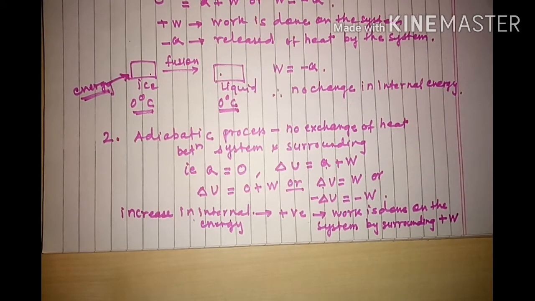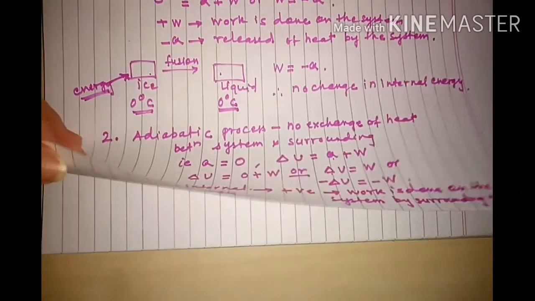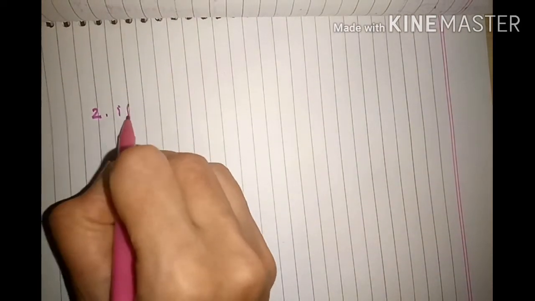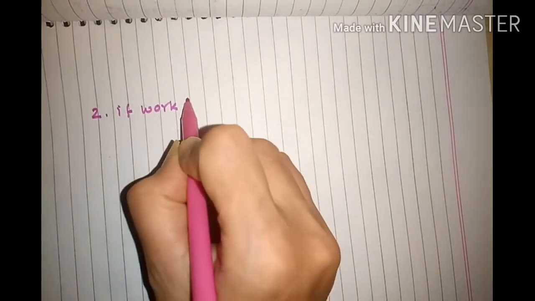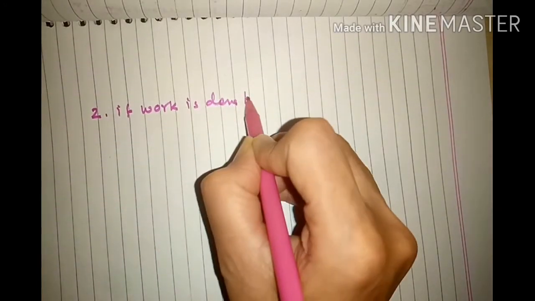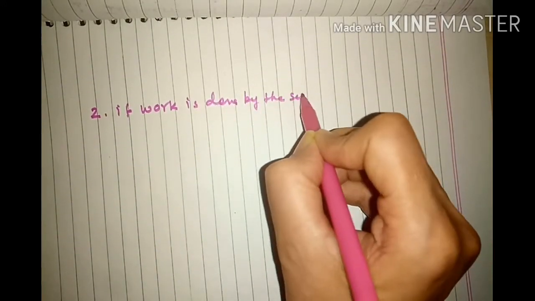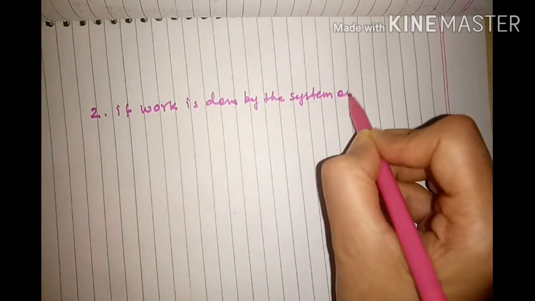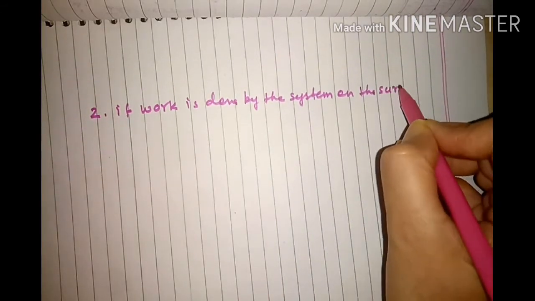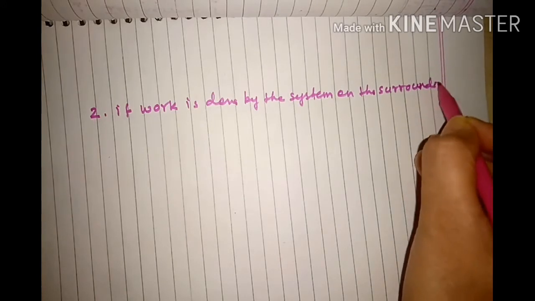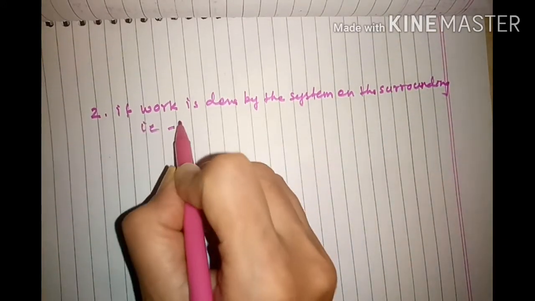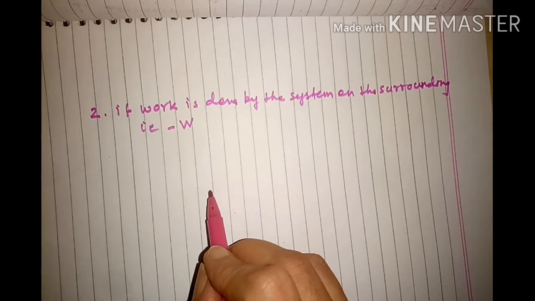Second thing, if work is done by the system on the surrounding, this is work of expansion which is denoted by minus W at the expense of its internal energy.